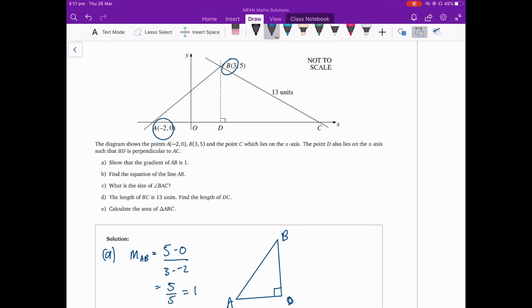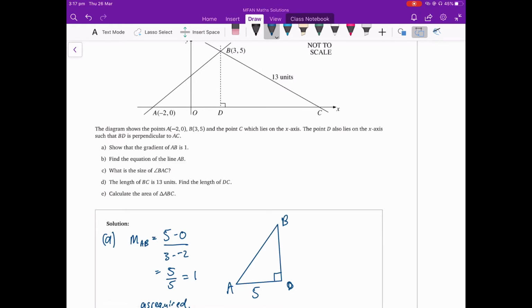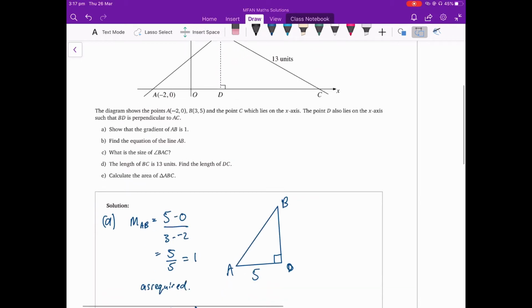You can look at the x's there. So that's going to have a side length of 5. And then on the vertical, the y is 0 to 5, so that's also going to be 5. You could have actually guessed that from what was given in the gradient before.